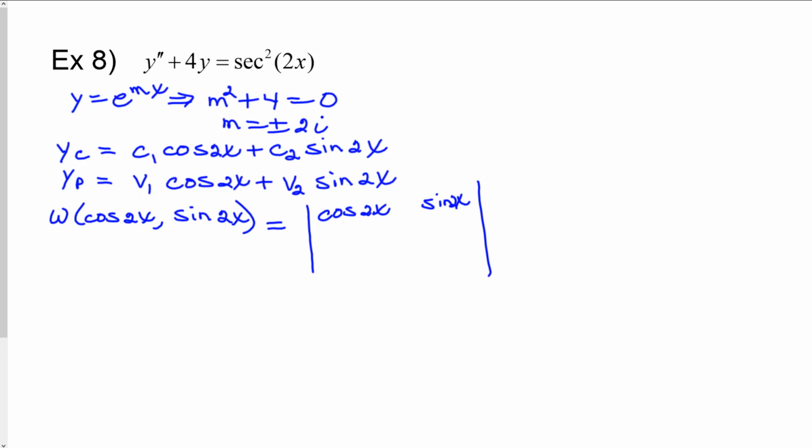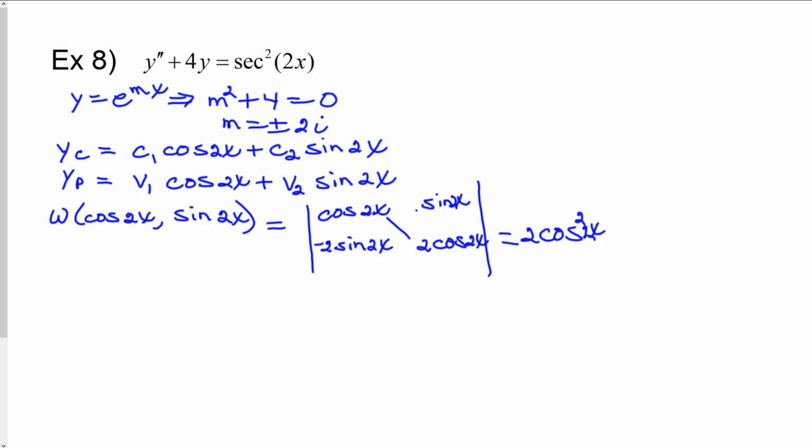So the derivative of cosine 2x is negative 2 times the sine of 2x. Derivative of sine 2x is 2 cosine 2x. So when you do your left diagonal product, you get 2 cosine squared 2x. I keep leaving the 2 off.